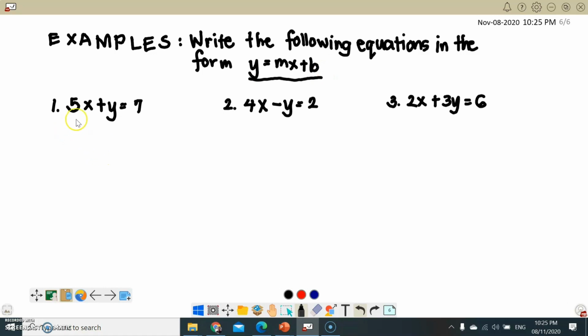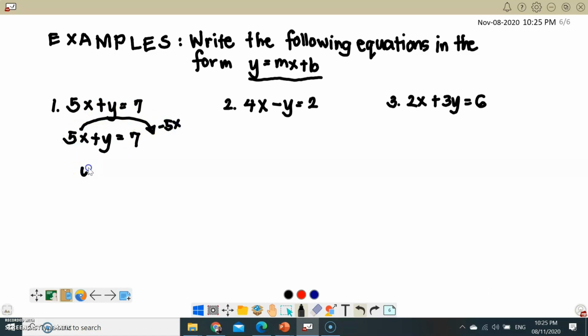Let's have number 1. 5x plus y is equal to 7. Transpose positive 5x to the other side of the equation. From positive, it becomes negative 5x.